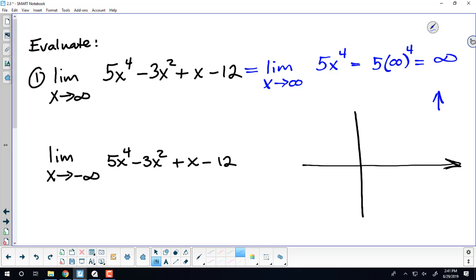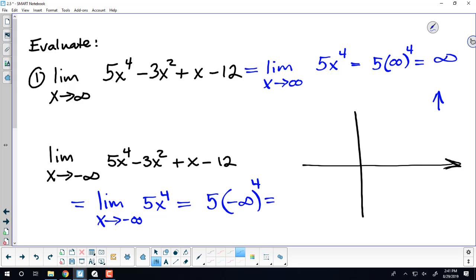Same thing with the limit at negative infinity. I'm just going to look at the limit as x approaches negative infinity and work with the leading term here, 5x to the fourth. So, put these things in symbolically if it helps. It's 5 times negative infinity to the fourth, and that would give us what?